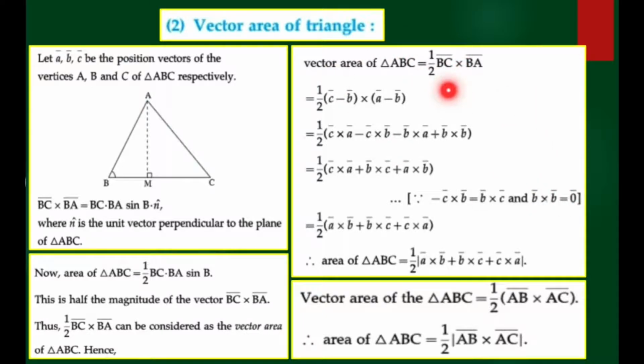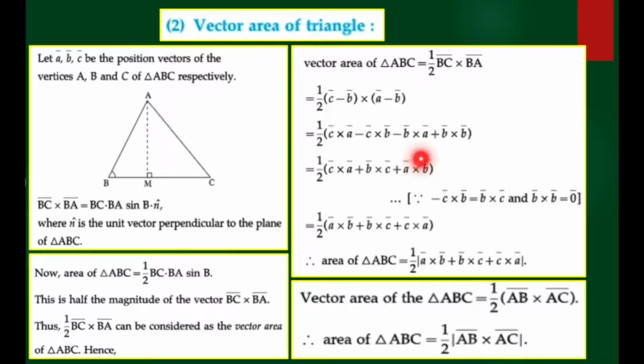So if we know the position vectors, this vector BC we write as position vector of C minus position vector of B, and this vector BA as position vector of A minus position vector of B. Now multiply these two brackets, so we get C bar cross A bar minus C bar cross B bar, then minus B bar cross A bar plus B bar cross B bar. So we use the property that B bar cross B bar equals the zero vector, so this last term gets 0.